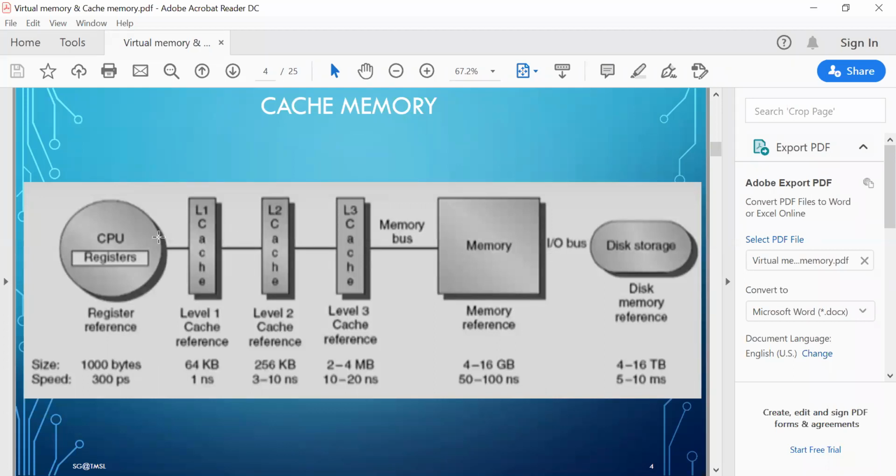In between this CPU and the RAM ROM main memory, you need to connect the cache, like L1 cache, level 2 cache, level 3 cache. Based on the operating system, different requirements are there, and with advancement of technology, you can connect different levels of cache memory.